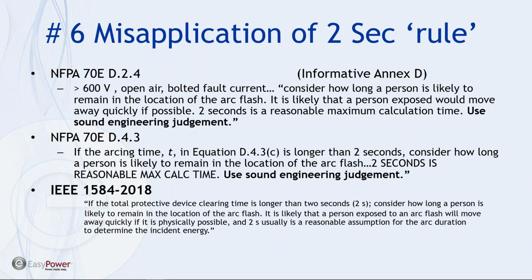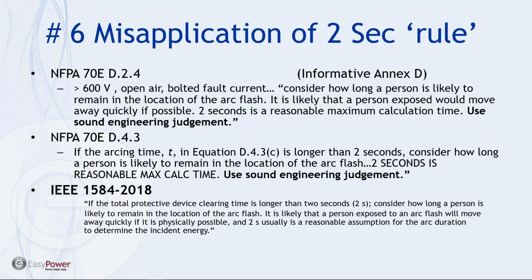Number 6 is the misapplication of the 2-second rule. Some people balk at the terminology, saying it's not a rule because it's in the informative annex of NFPA 70E. Well, here's what the verbiage says in the 2018 version of NFPA 70E Informative Annex D. Greater than 600 volts, open air bolted fault current may be high.